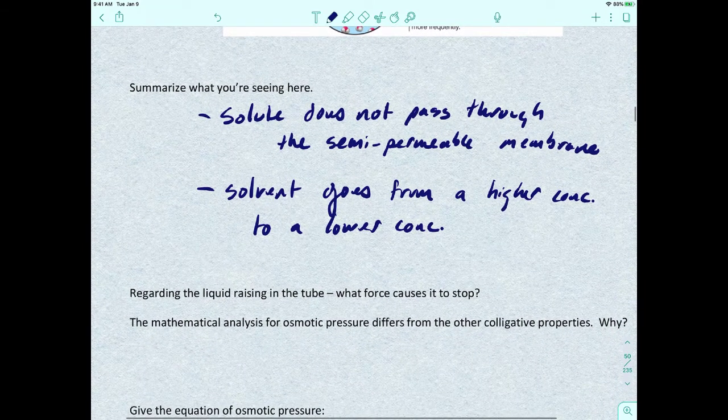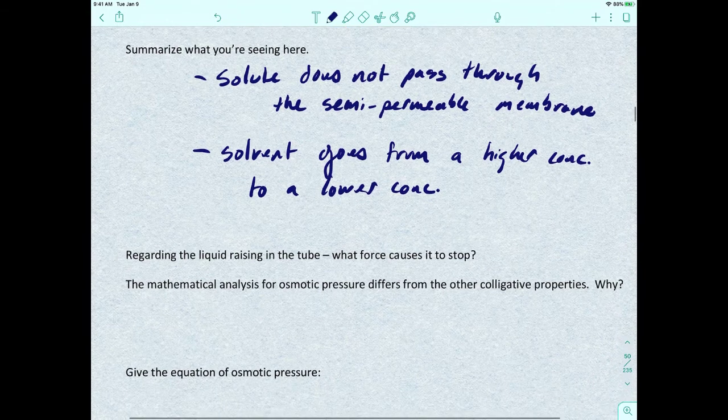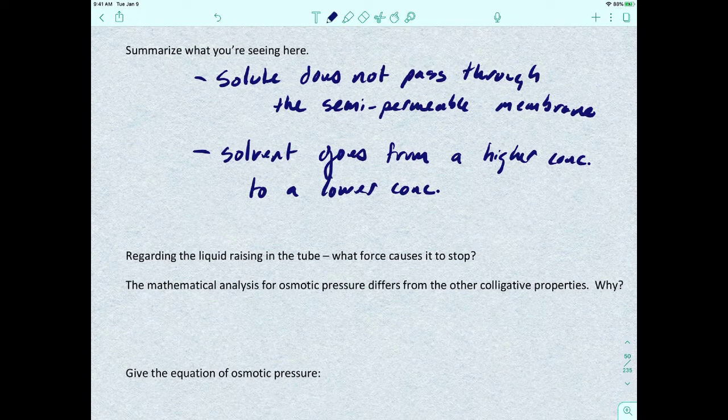Now, regarding the liquid rising in the tube, what force causes it to stop? Gravity.